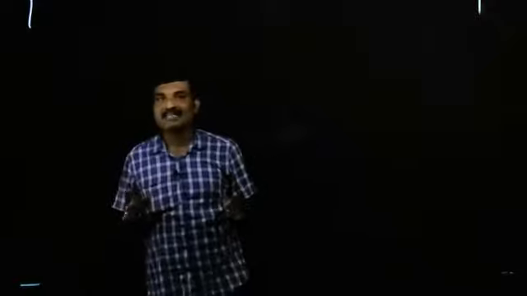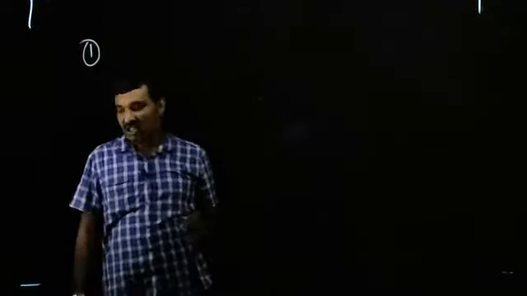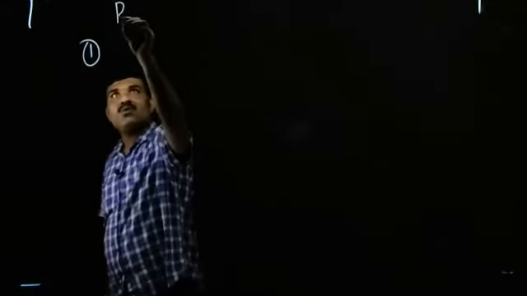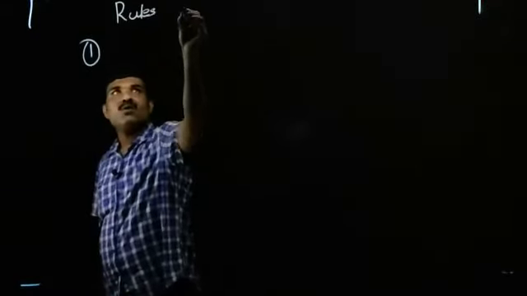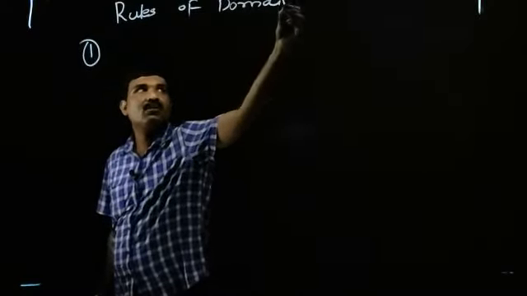Now we can develop certain rules so as to obtain the domain and range. Suppose I have a function f of x, right? So we can write the rules of domain.